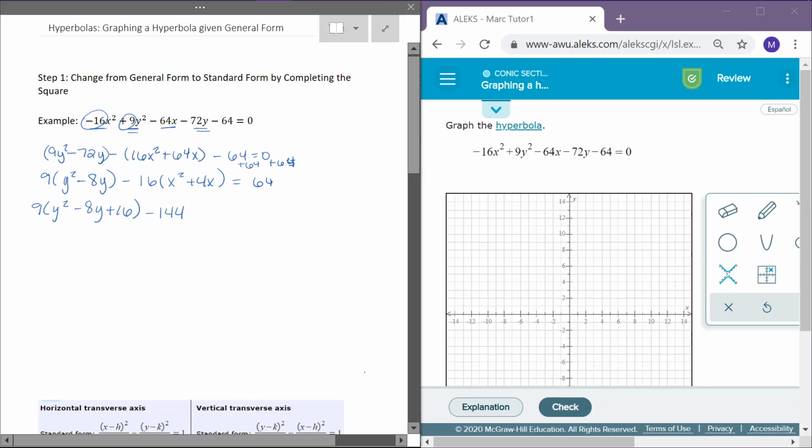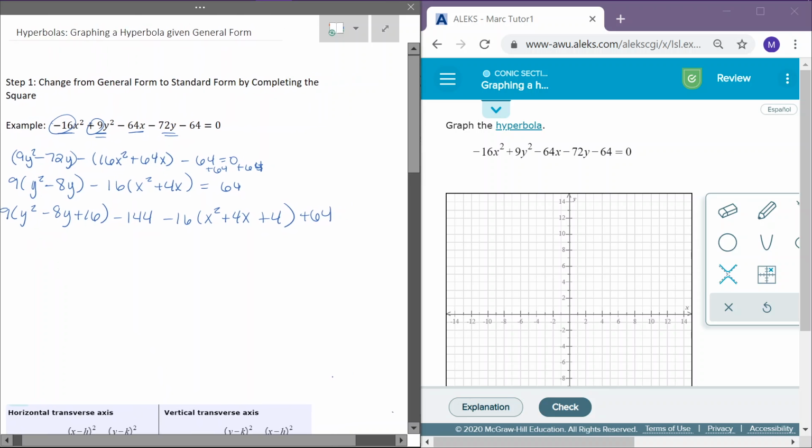Next, I move on to my x's. I have negative 16 times x squared plus 4x, and I need to figure out what my third term will be. So I take half of 4, which gives me 2, and I square it to be 4. So here I've got a negative 16 multiplied by a positive 4, so I'm subtracting out 64, so I need to add 64 to balance it.